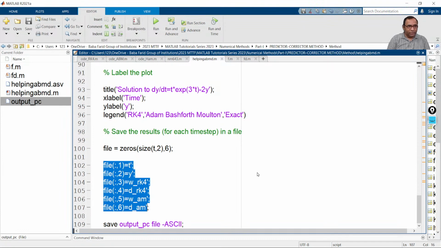Then we have the fifth column, the solution given by Adams-Moulton, and the last column is the absolute error between the analytic solution and the Adams-Moulton solution. Okay, so in this way we can easily find out the solution of these questions.